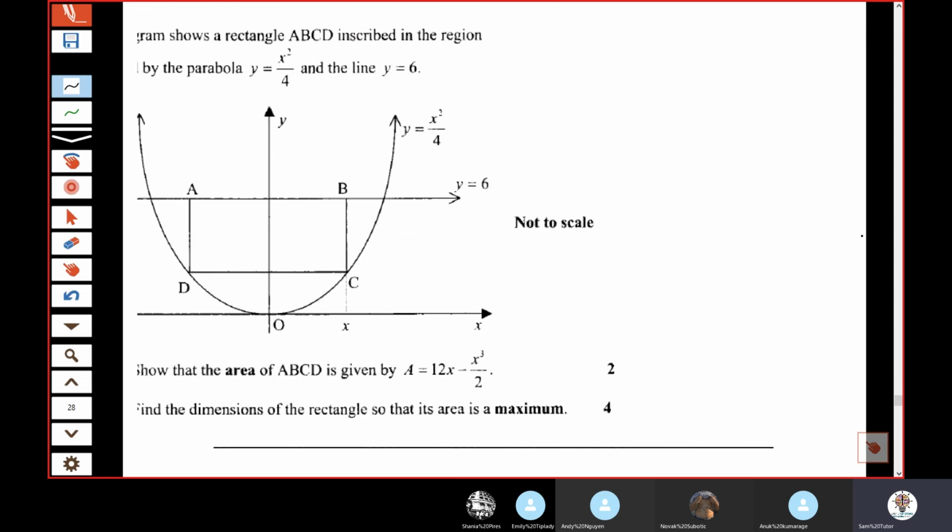Show that the area of ABCD is that. Okay.